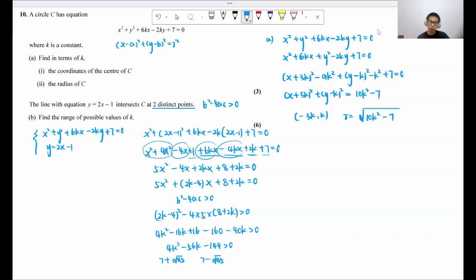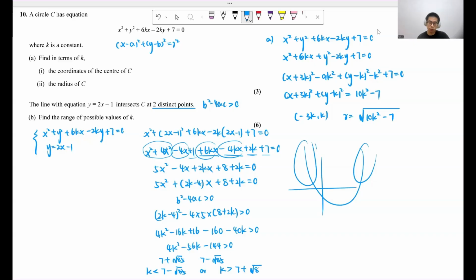The thing is a positive quadratic, and it has to be more than 0, so it has to be the parts on the outer sides. Therefore the answer is k is less than 7 minus root 85, or k is more than 7 plus root 85. That would be the final answer.